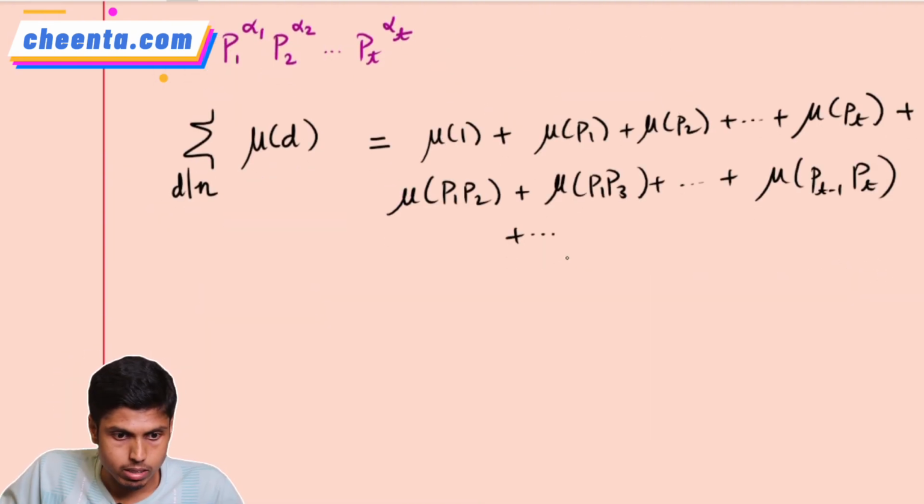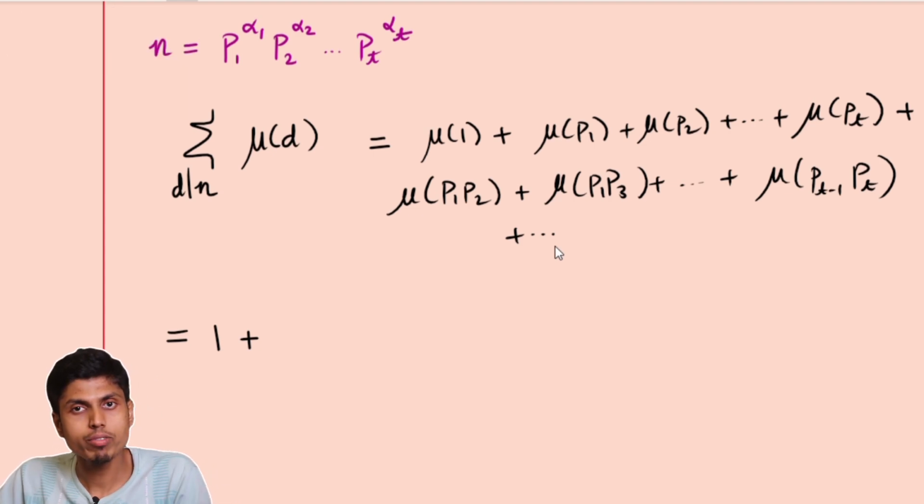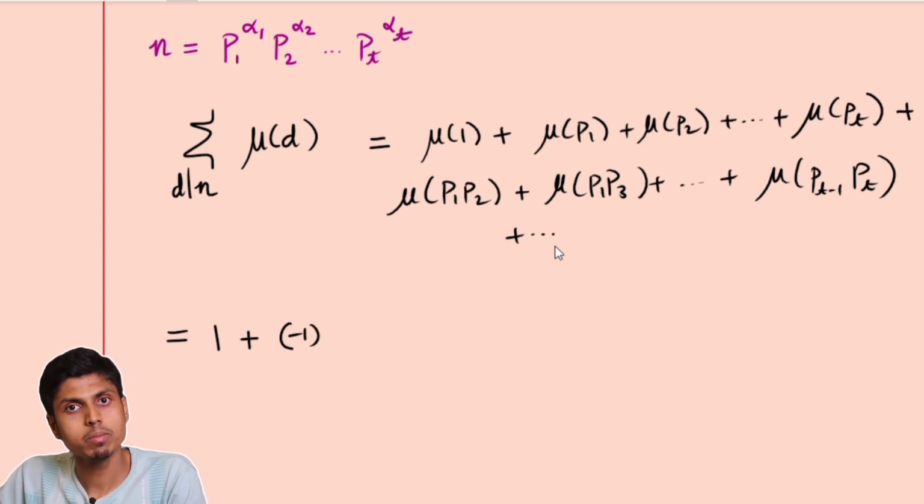Okay, let's write mu of 1 as 1, whereas mu of p1 to mu of pt, all of them will be -1 because k is an odd number in this case. The number of primes in each of them is 1, which is an odd number. So (-1)^1 will be -1. -1 occurs how many times?